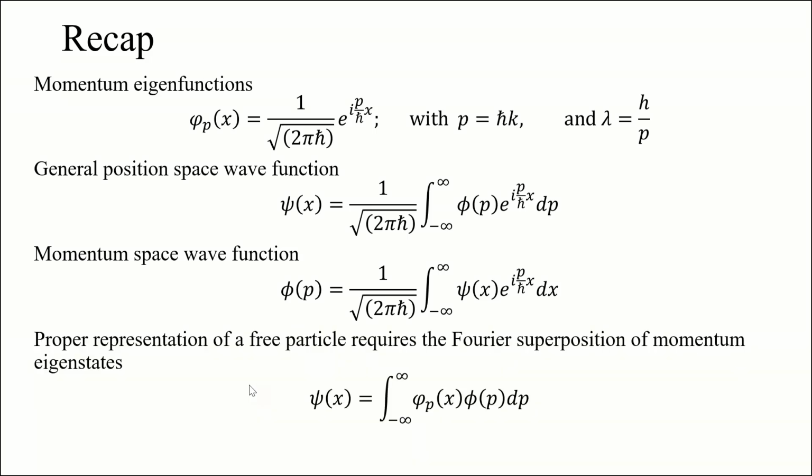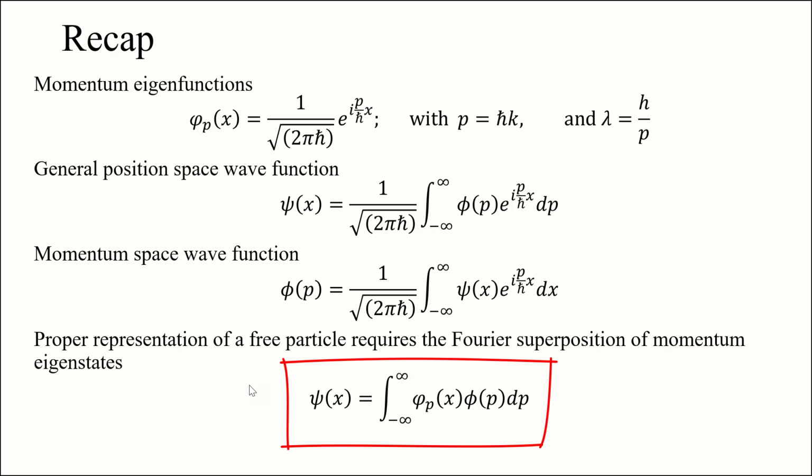And if we want to represent a free particle correctly, the position space wave function is actually going to be a Fourier superposition of the momentum eigenstates, right? So this momentum space wave function, like we said, is the probability amplitudes of finding that wave function at a given momentum eigenstate. And we know those momentum eigenfunctions. One way we can think of it is like those linear expansions in a given basis we're familiar with from our Dirac notation.